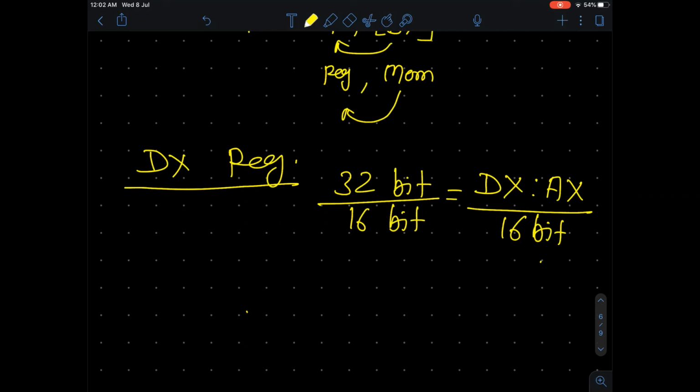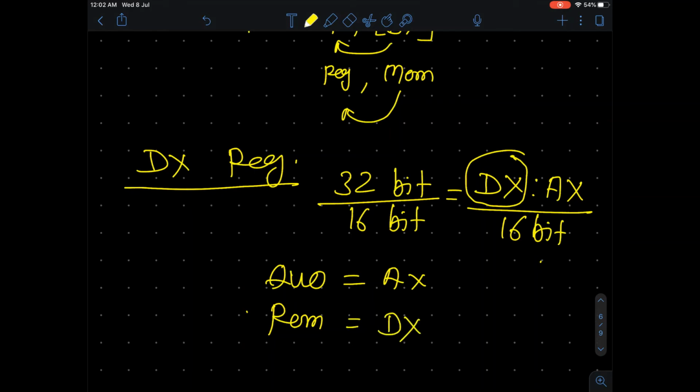So what is the function of the DX register here? When division is there, the upper 16 bits of the dividend must be in the DX register. Then we get the quotient in the AX register and the remainder in the DX register. This is the special purpose of the DX register.